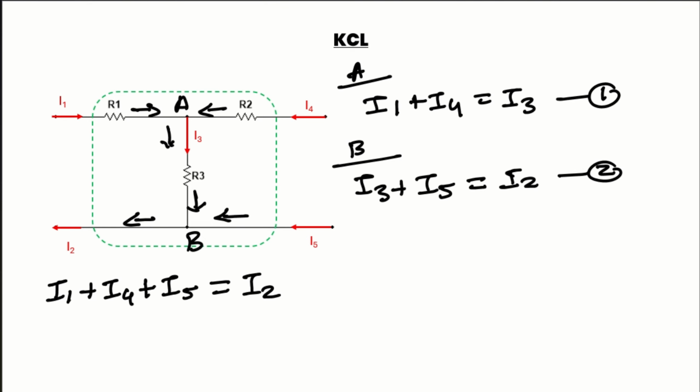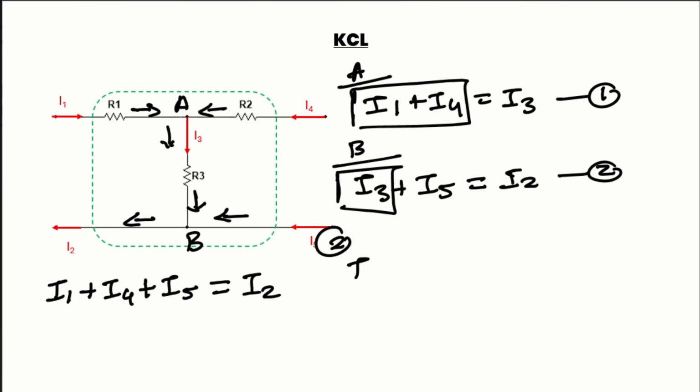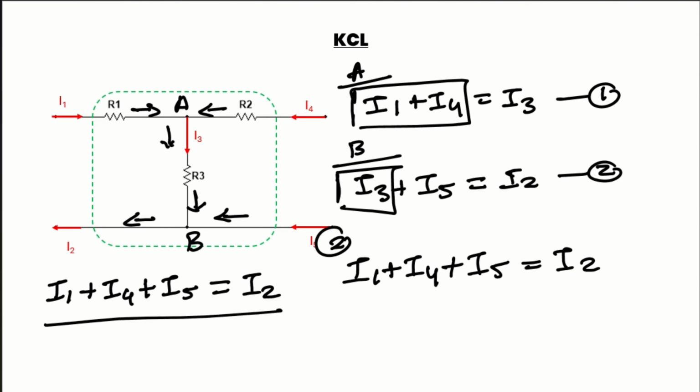This is equation number 2. In the second equation, if you replace I3 with I1 plus I4, we can write this equation as I1 plus I4 plus I5 should be equal to I2, which is the initial equation that I derived.